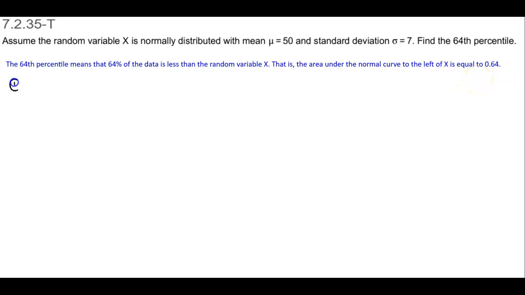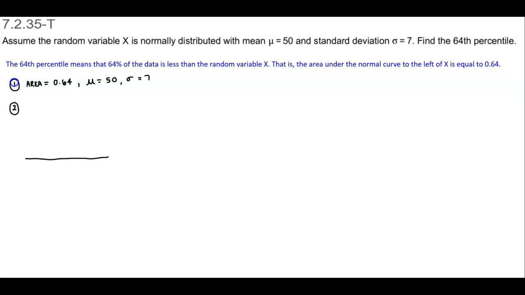So let's go ahead and draw that. We know that we're dealing with an area that is equal to 0.64. Our mean is 50, and our standard deviation is 7. So let's draw this picture.